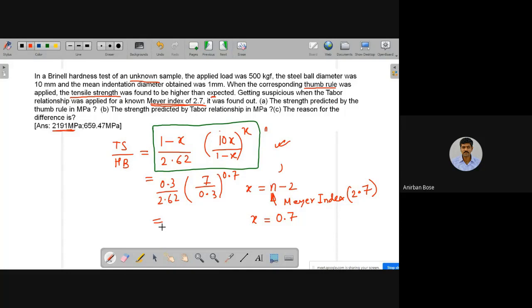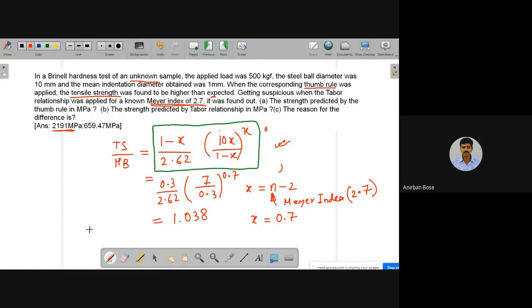So it is 7 divided by 0.3, then to the power 0.7, multiplied by 0.3 and divided by 2.62. If you do that calculation, you will get 1.038.